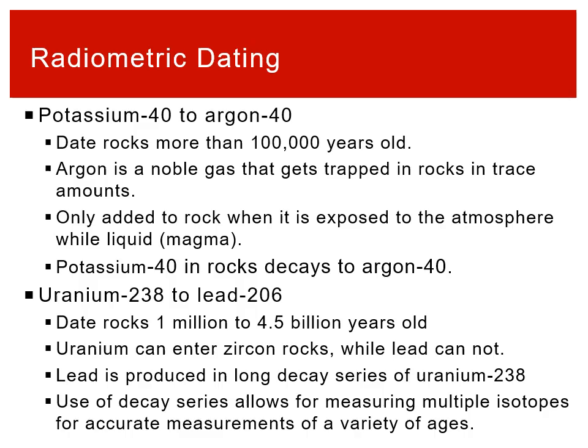When it was lava. And so what that allows you to do is you can do really complicated measurements of a lot of different isotopes along that decay pathway. And then you can get a lot of measurements, and that's how you can get fairly accurate measurements of really old rocks. They have to be this particular type of zircon rock, so you can't just date any kind of rock.